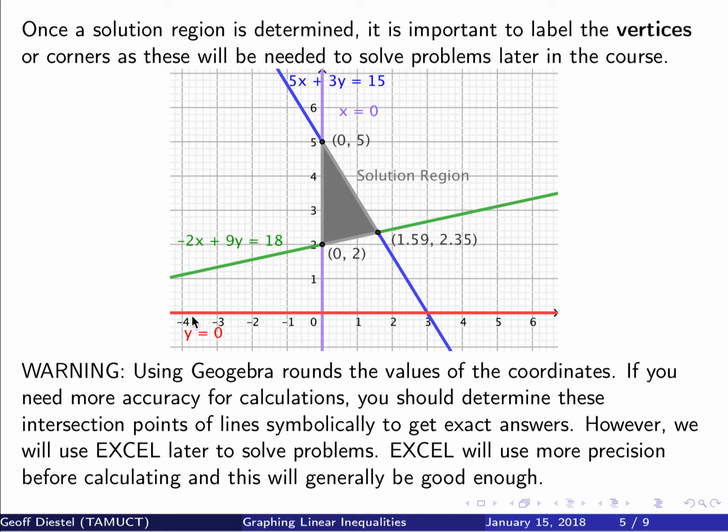But we definitely want to be able to create graphs like this one for these two variable problems. This will be a good reference for describing your solutions to linear programming problems that have two variables. It'll allow you to identify which of the vertices is actually the solution to the problem we want. Generally, we're going to be maximizing or minimizing some function over the set of points in our solution region, which we're actually going to call the feasible set of solutions once we get to linear programming problems.